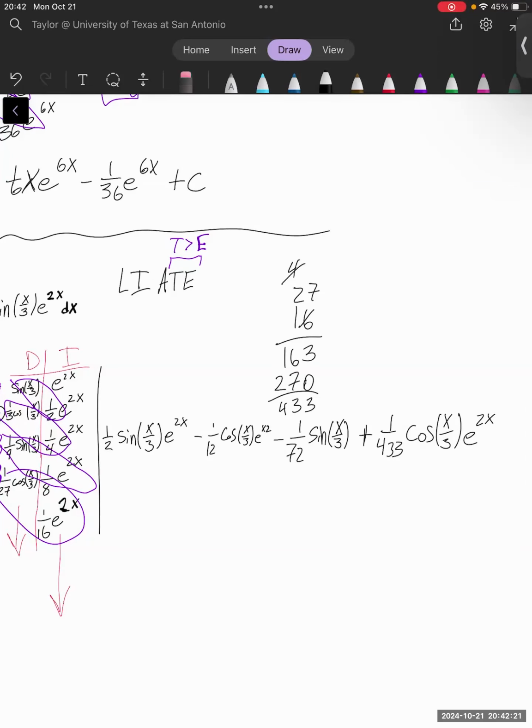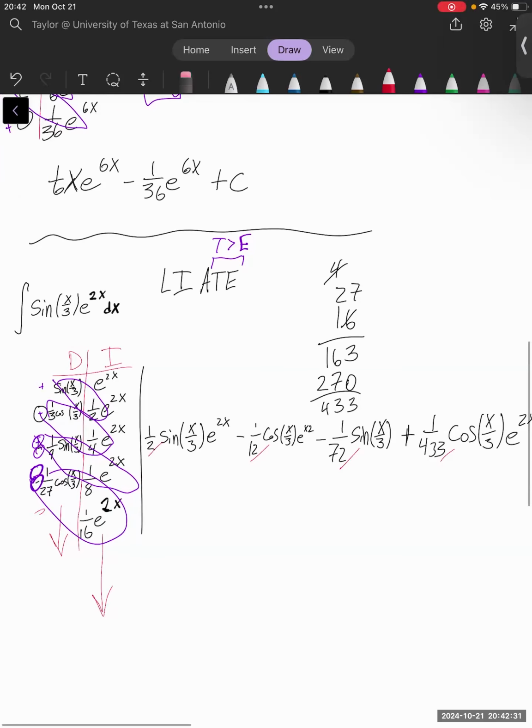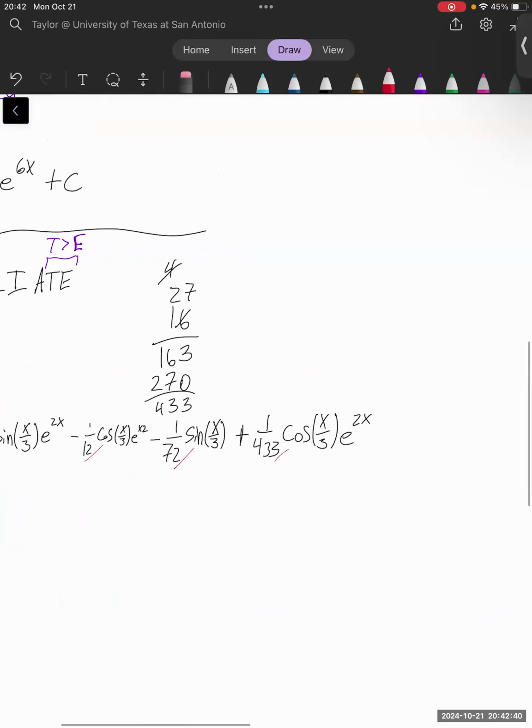You see, we've got coefficients that get smaller and smaller and even smaller. So if we were to keep going, which we could, we would get 81 times 32, which is an even smaller number. I think it's in the thousands, making this next term of 1/2 something sine pretty meaningless.